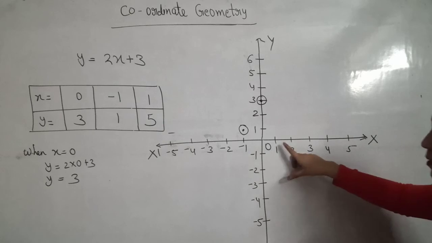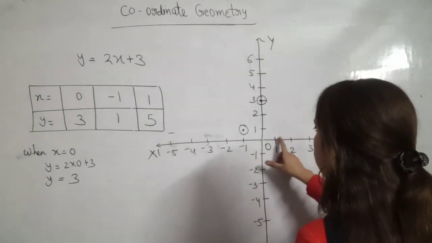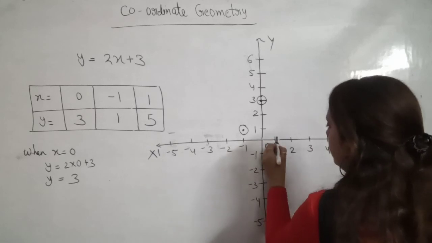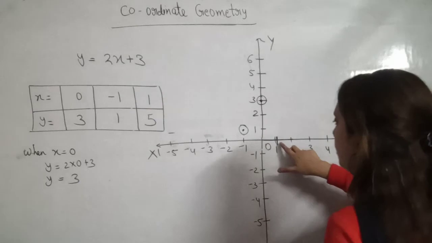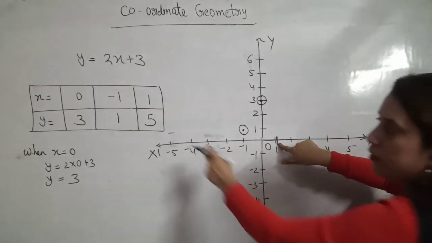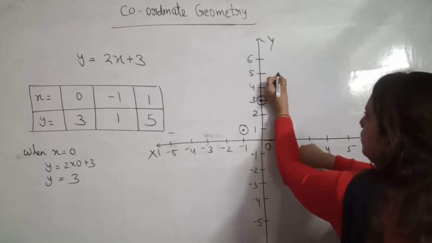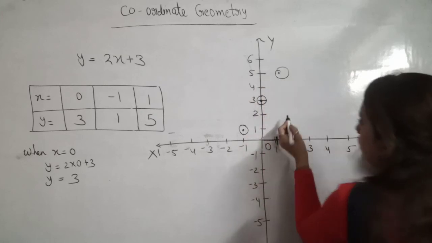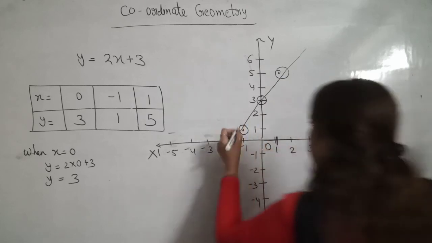Next (1, 5). The value of x is 1, so we will take the distance on the positive side 1 and the value of y is 5, positive upward 5. Now draw the line. It will be a straight line.